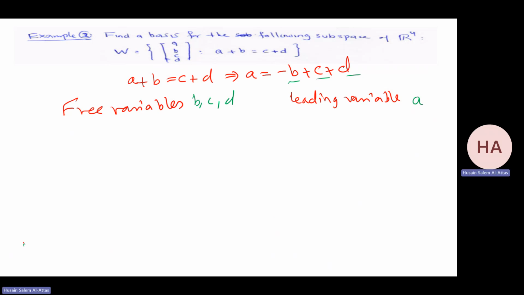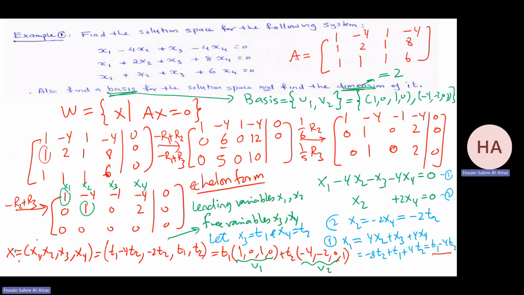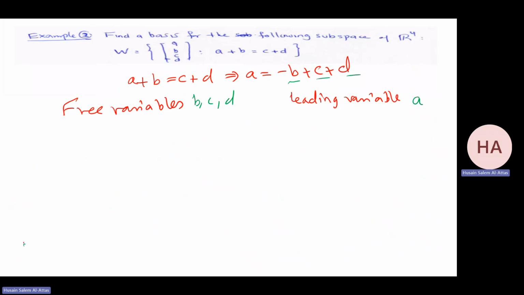Do it the way you like. But usually we do it this way. Now, you can do it the same way. You can write the three variables, give them names like T1, T2, T3, something like this. Or you can do it right away.